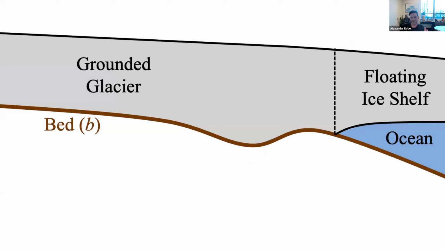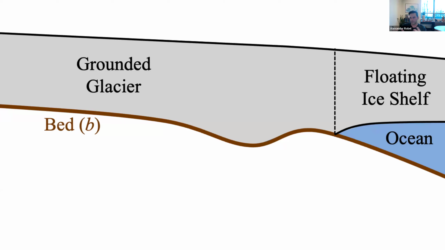That is where the ice is resting on the solid earth, which is drawn here schematically as a brown line. And then on the right-hand side, that glacier is extensive enough that it reaches the ocean, or at least it reaches a place where the solid earth is deep enough that the ice is thin enough to float on top of the ocean and basically lift off of the seafloor.